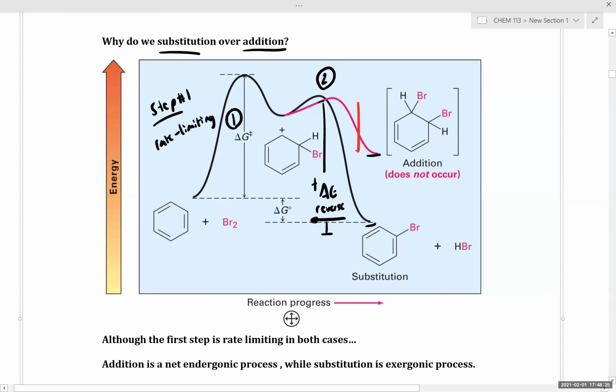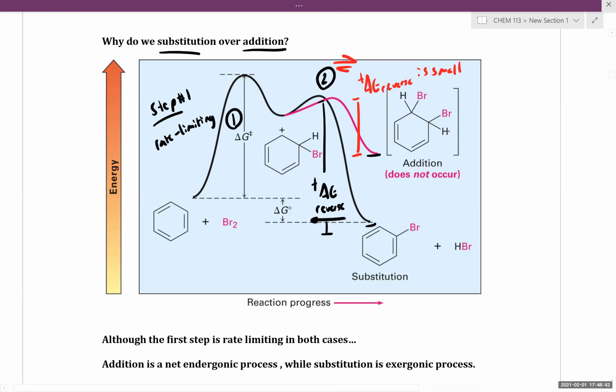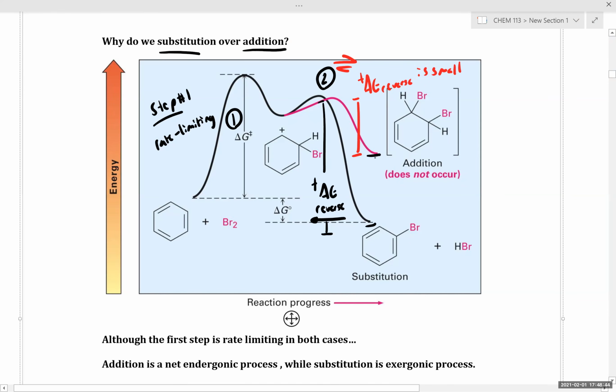Comparatively, for addition, the activation energy for this reverse reaction is small. So then, we can think of this addition as being reversible. Even if addition does occur, we can revert back to this carbocation intermediate or eventually funnel into our substitution product.